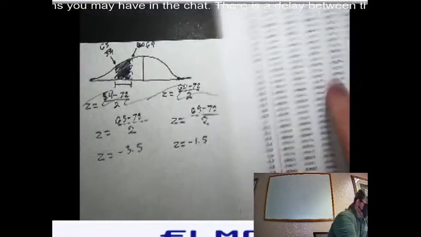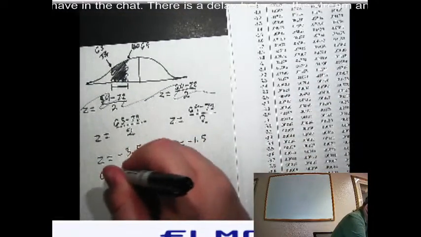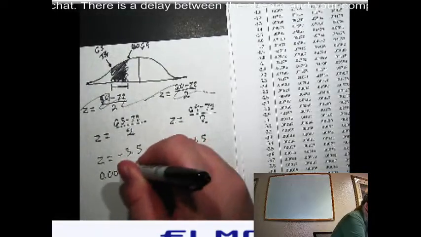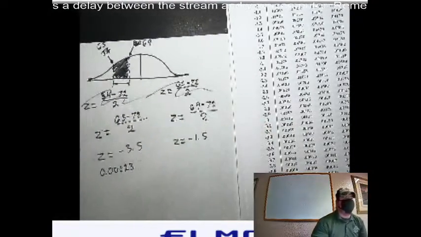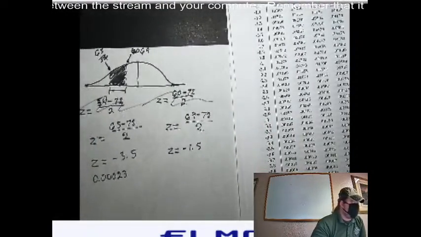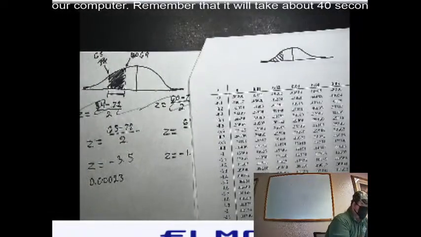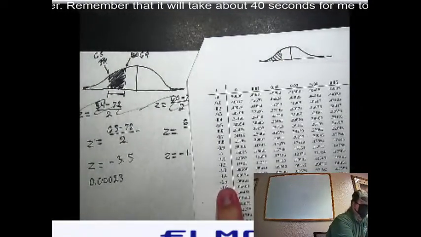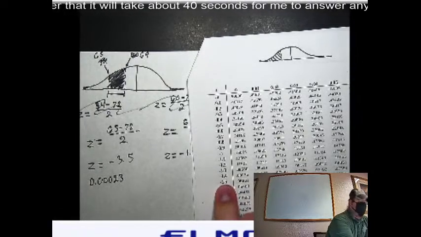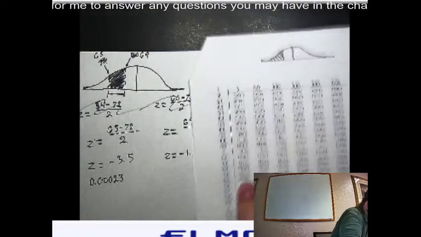That's 0.00023. Hardly any data behind that. Then our other one, negative 1.5, is right here. Again, there's no decimals after that 1.5, so we can go ahead with 0.06681.